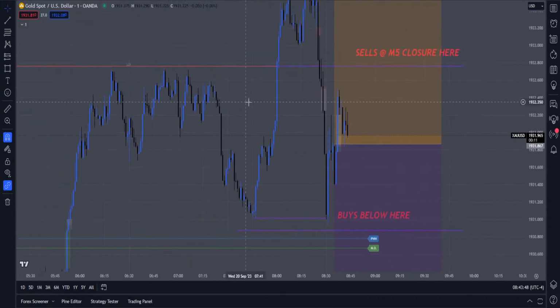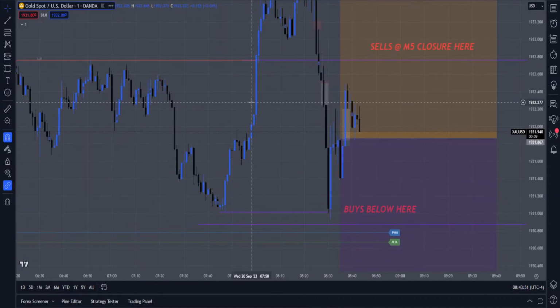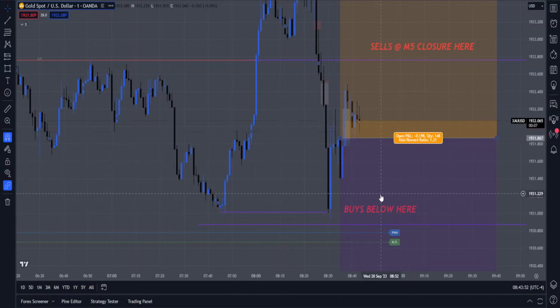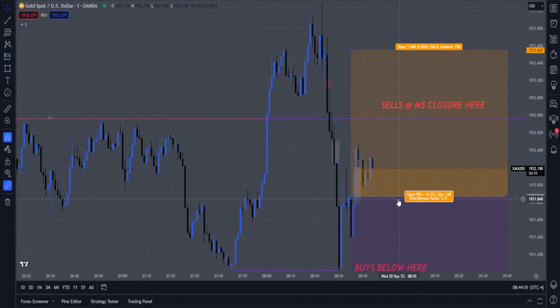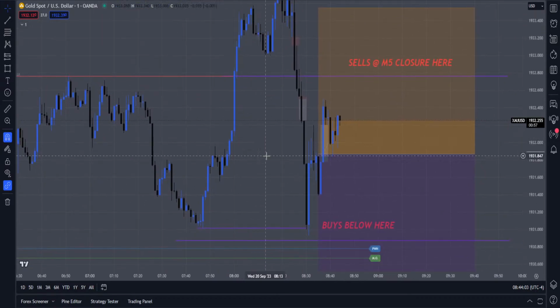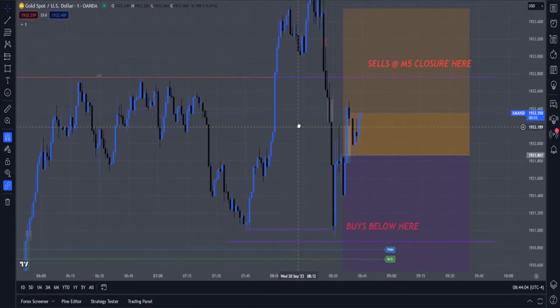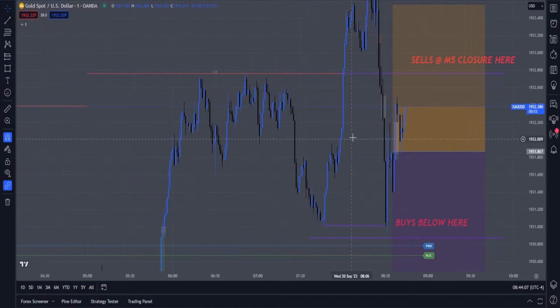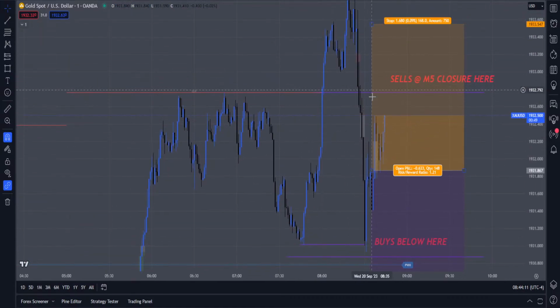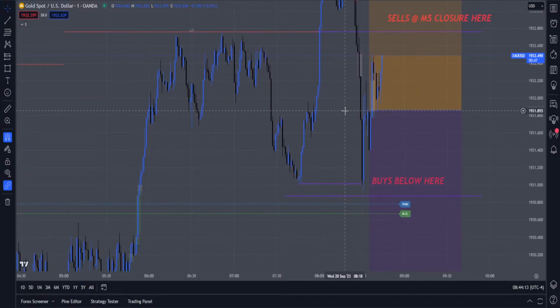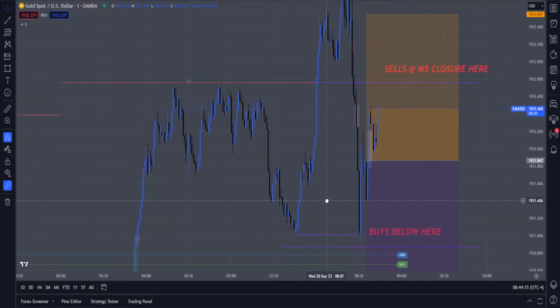So on a 1 minute, we have price consolidating around this area. Let's see what it does. I would like to see it start reversing soon because I think we did dive down pretty well, so we may retest these highs, but aside from that, I do believe we are now bearish.